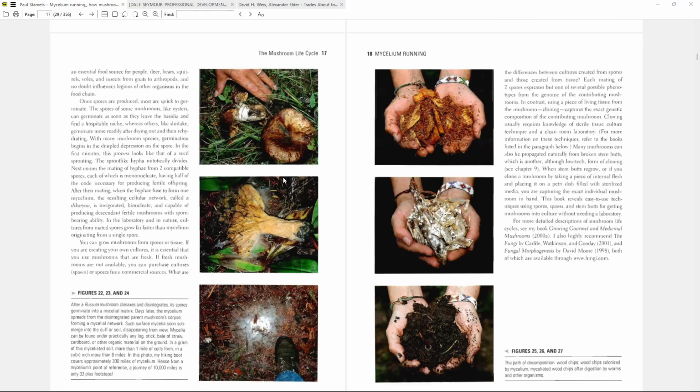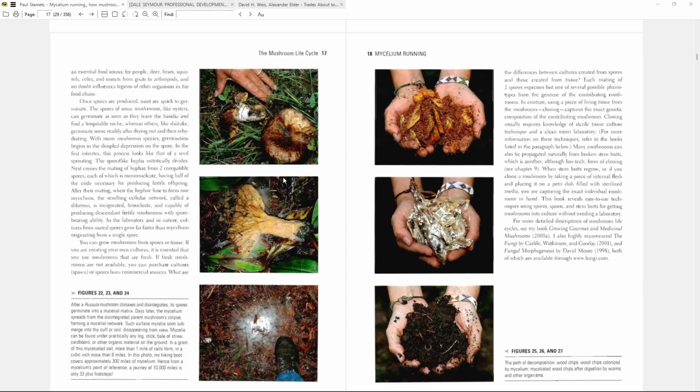Once spores are produced, most are quick to germinate. The spores of some mushrooms, like oysters, can germinate as soon as they leave the basidia and find a hospitable niche, whereas others, like shiitake, germinate more readily after drying out than rehydrating.